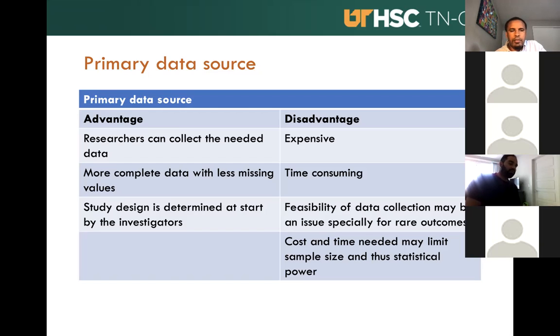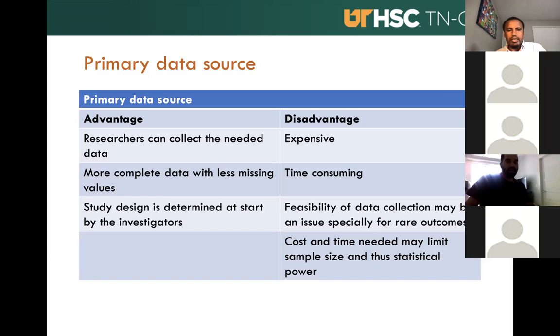The other advantage of primary data source is that more complete data with less missing values can be collected. This might be an issue with secondary data, as we will see, but with primary data, you can reach back to your participants and collect as much data as possible. So there is less data missing.